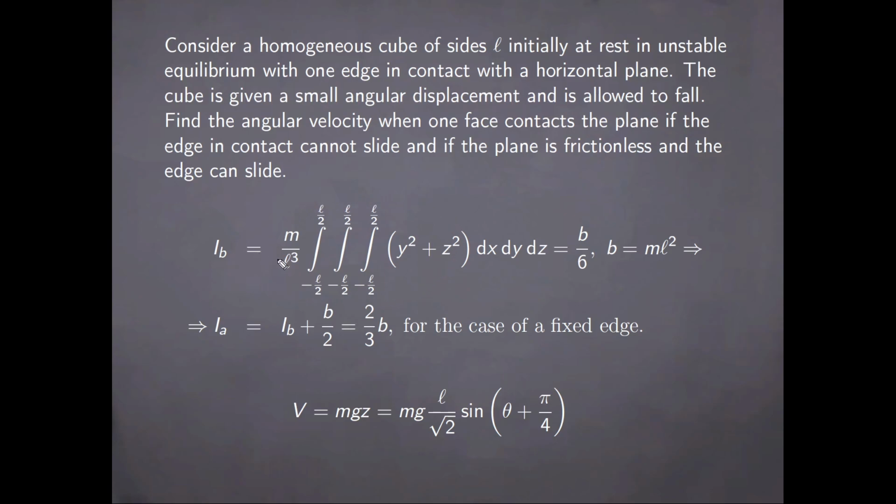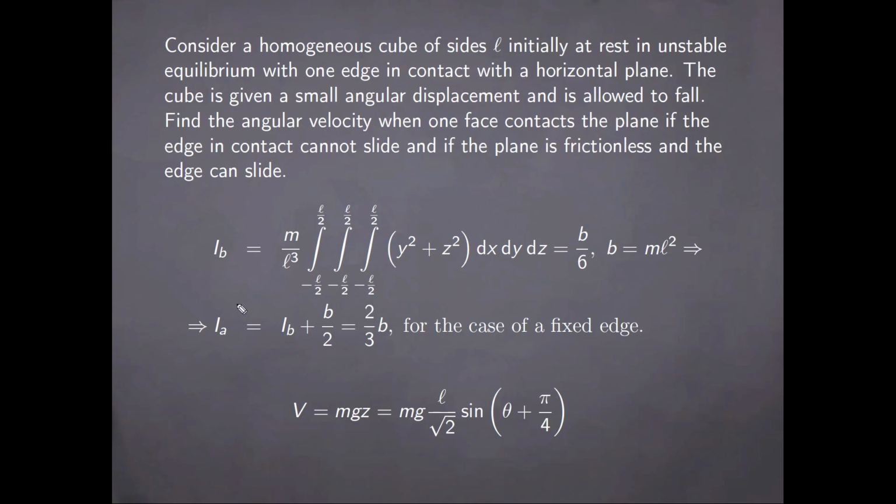So we need to perform the triple integral here, which is very simple and should lead to this result. And then we can use the parallel axis theorem to find the corresponding moment of inertia for rotation about an axis going through one of the edges of the cube.